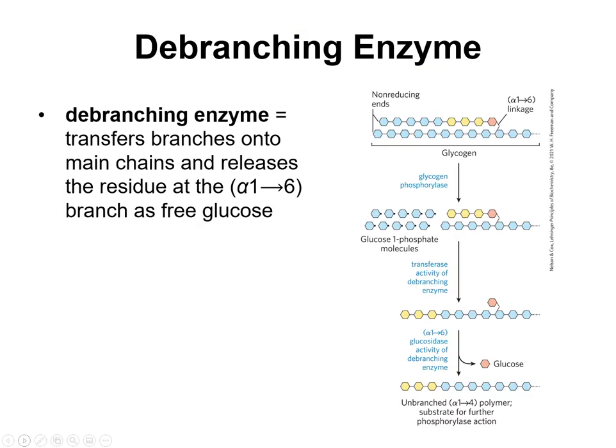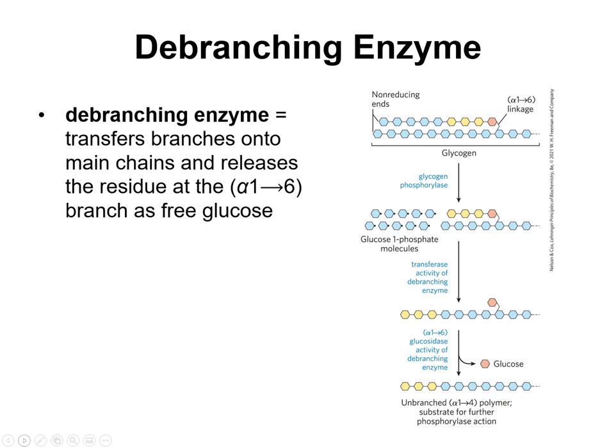Once we get there, we need a different enzyme, and that's the debranching enzyme. What it does is it rearranges the glycogen chain so that the shorter chain gets incorporated into the main chain. So you lose that branching.